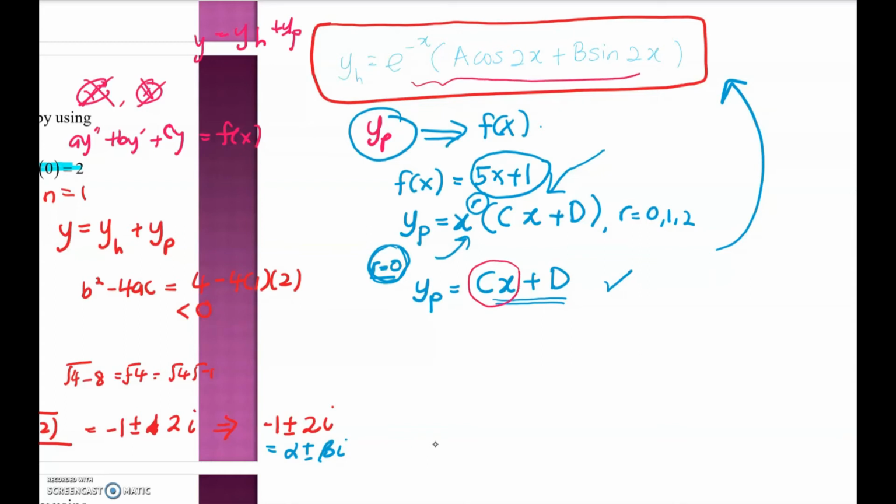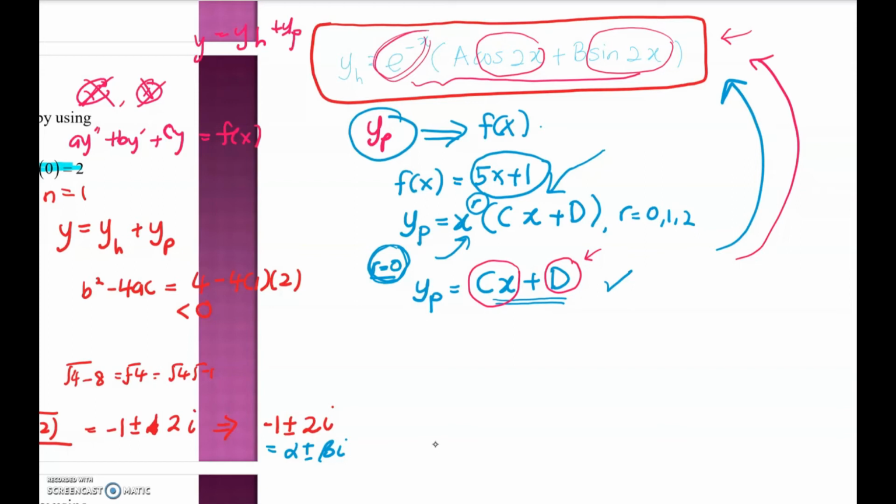No, in our solution YH, we have exponent and cosine and exponent and sine. So CX is not similar to your YH. Is D similar to any term in your previous solution of homogeneous? No, tak ada apa-apa constant pun kan? Only constant inside your YH or previous solution. Tak ada kan? So, tak ada.